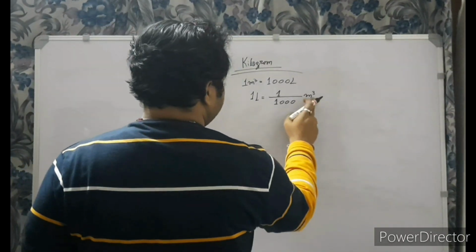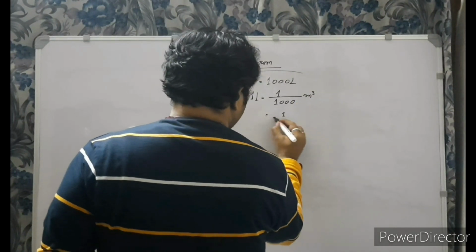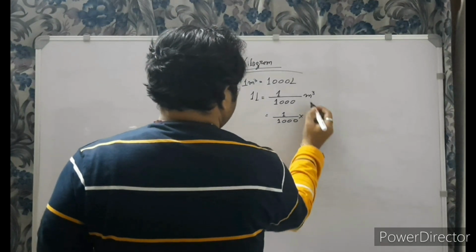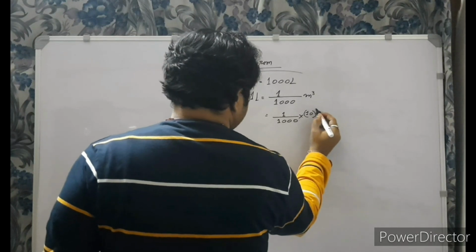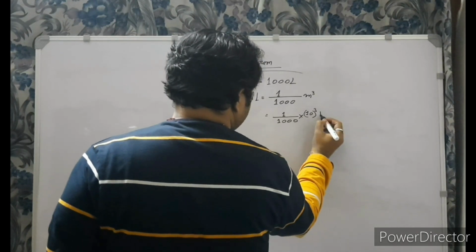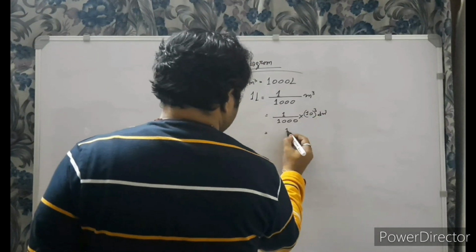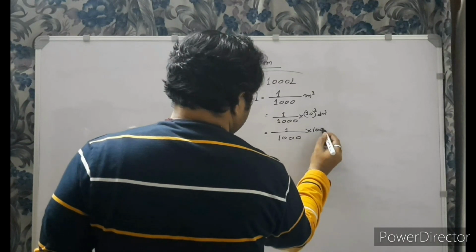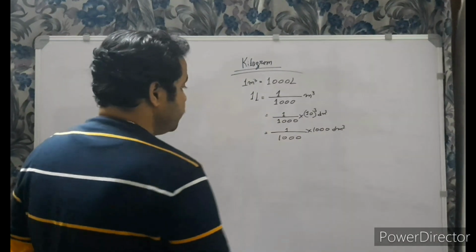If we convert this meter to decimeter, then it would be 1 by 1000 into 10 cube decimeter cube, so 1 by 1000 into 1000 decimeter cube.